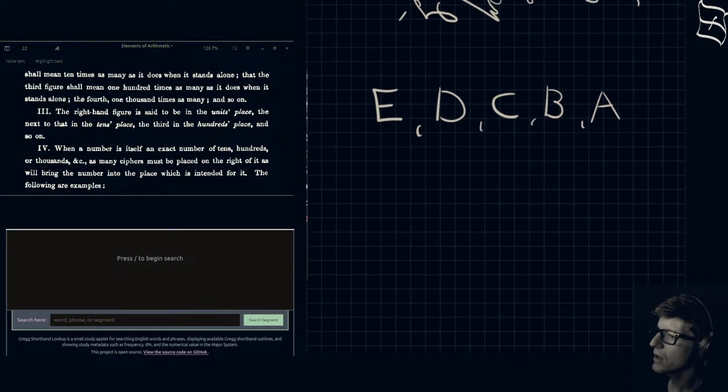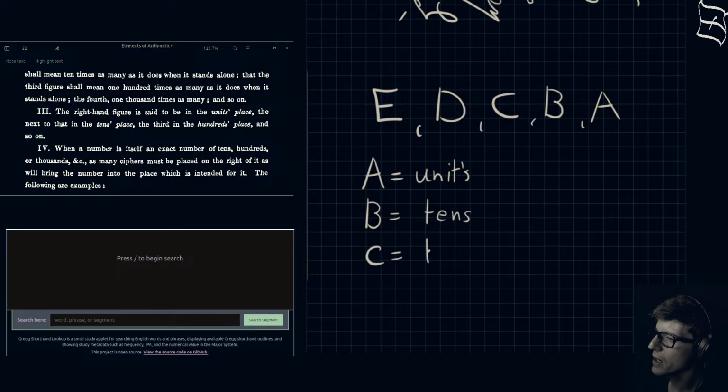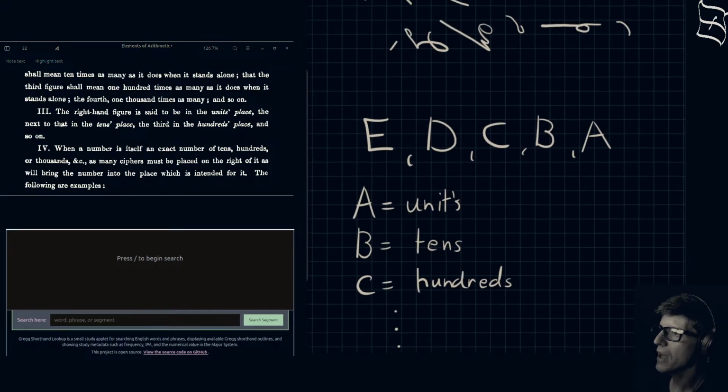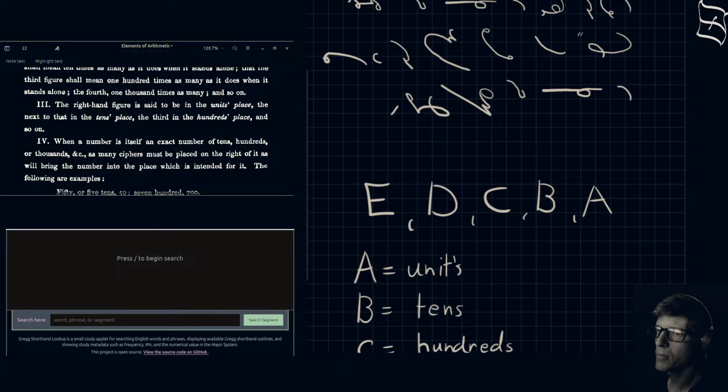So over here, I would say A is the units place. So I would make a little name for myself, right? A is units, B is tens, C is hundreds, and so on and so forth, okay? Dot, dot, dot. All right, so there we go. That is the takeaway from paragraph number 3.